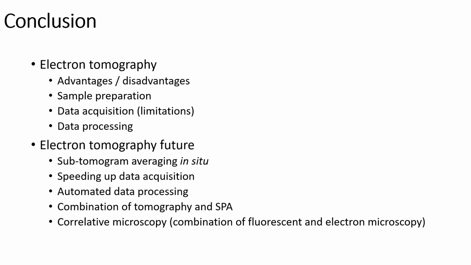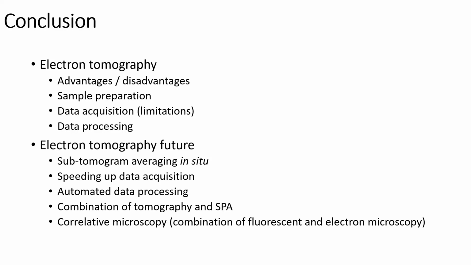And the last thing that's very often mentioned nowadays is correlative microscopy, where we are combining fluorescence microscopy and electron microscopy, getting rid of the disadvantage of electron microscopy, where we cannot identify the parts in the tomograms by some labeling, whereas in fluorescence microscopy it's very easy to label parts or features in the cell by fluorescent labels.